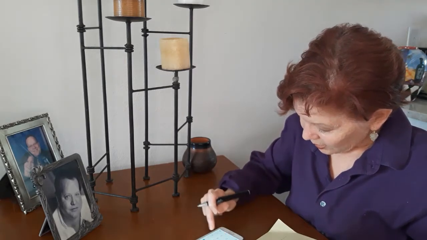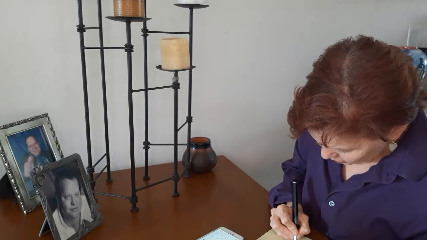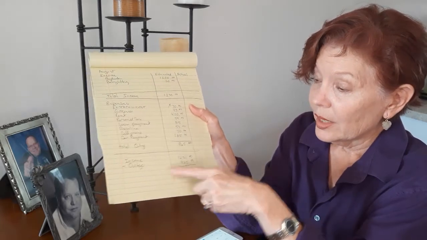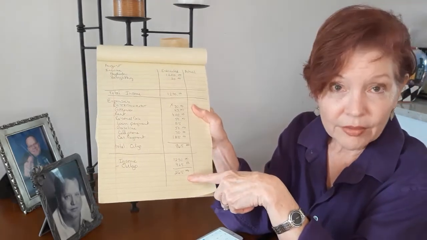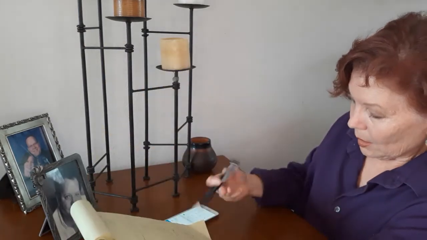And now we're going to subtract: $1,230 minus $965 equals $265. So you should have $265 left over. Now, if you don't have $265 left over, or whatever this number is, then you know you missed something. But that's our balance.